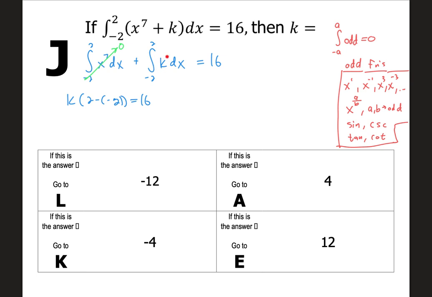Anytime this is a constant, that's just a horizontal line, and when you find the area between a constant and the x-axis, that's a rectangle, so it's really just base times height, and that's what this is, or at least one way to think of it. So this is k times 4. 2 minus negative 2 is 4, and that means the answer is 4k.